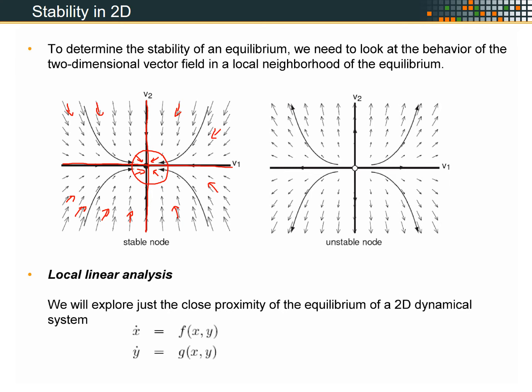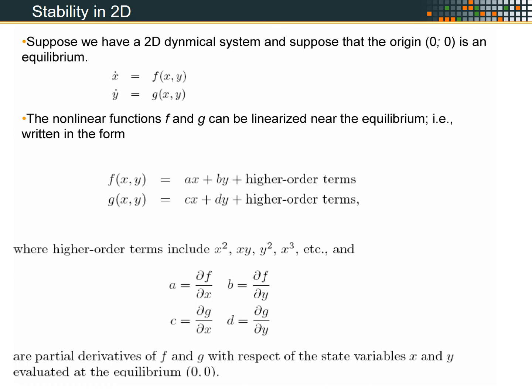And we then characterize the functions f and g that determine the orientation of the vector field in this very close proximity, and characterize their behavior subsequently. Again, to keep it simple, we're looking at the most simple case at the moment, and that is we assume that we have an equilibrium at the origin at 0, 0. That means for x equals 0 and y equals 0, the change rates x dot and y dot are 0.